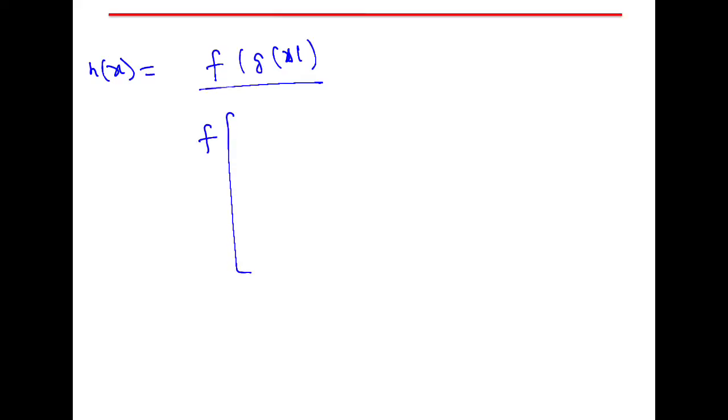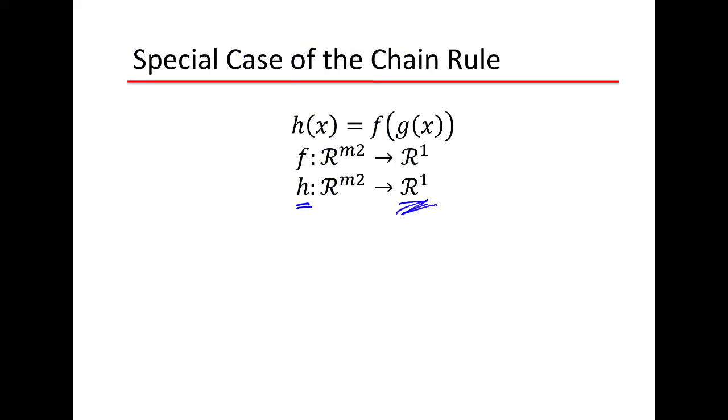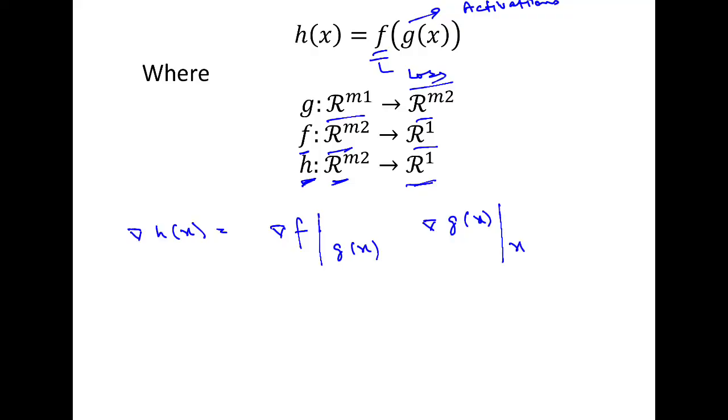It's taking a vector input. So I can write it as f of g1. Okay. And what is g1 taking? It's also taking a vector input. So x1, x2, all the way till x m1. G is m1, right?